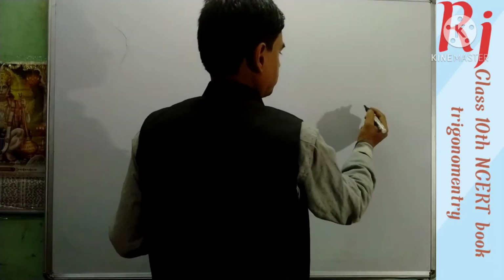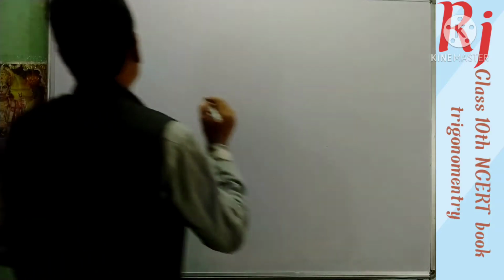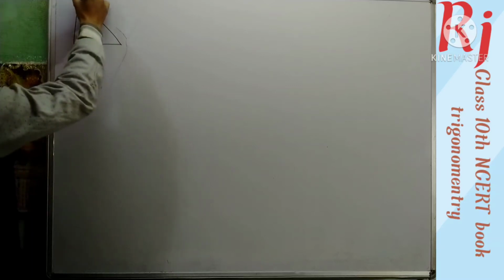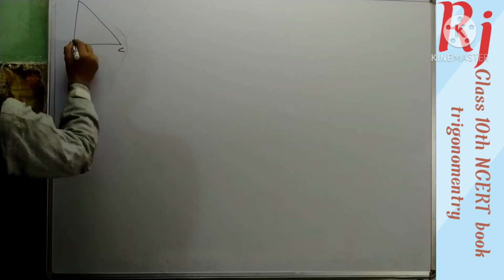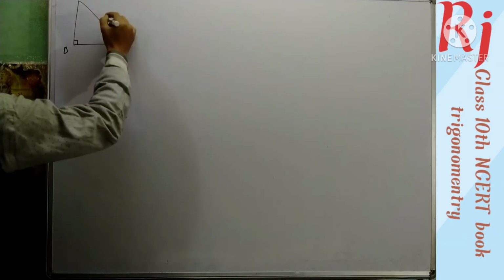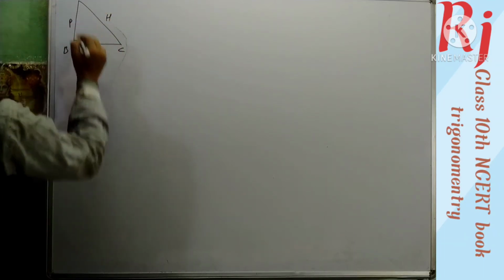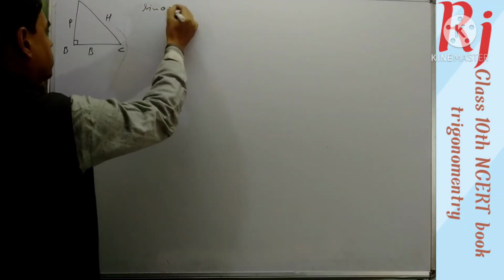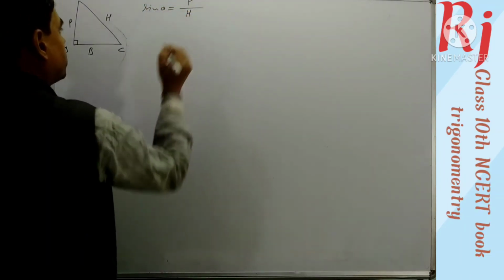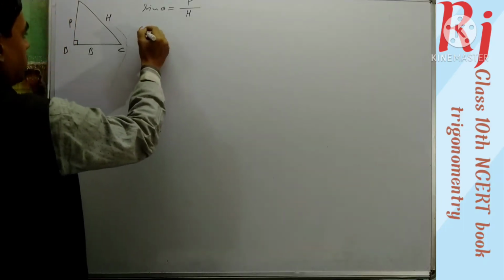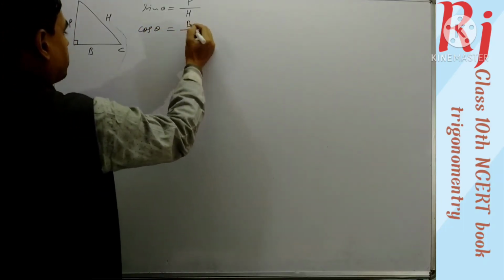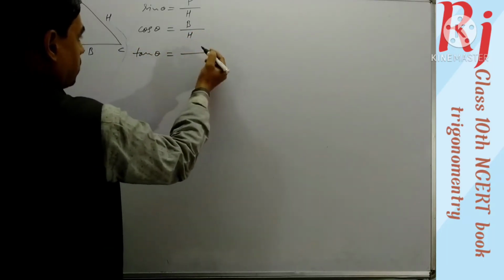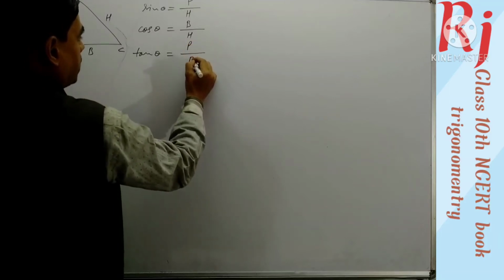First one: suppose we have a triangle A, B, C, and here is 90 degrees, and suppose the sides are hypotenuse, perpendicular and base. Sine theta equals perpendicular upon hypotenuse, cos theta equals base upon hypotenuse, tan theta equals perpendicular upon base.